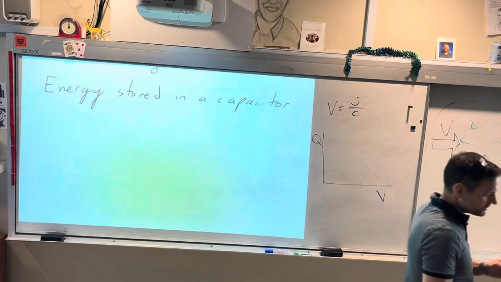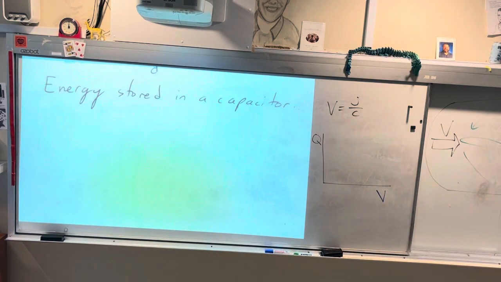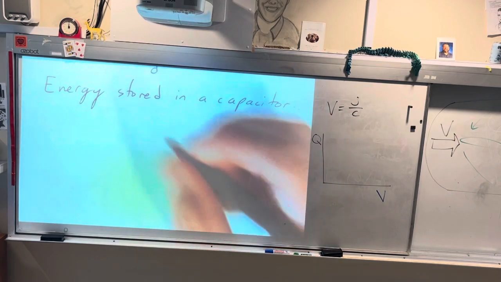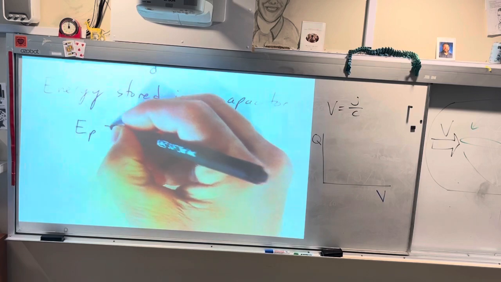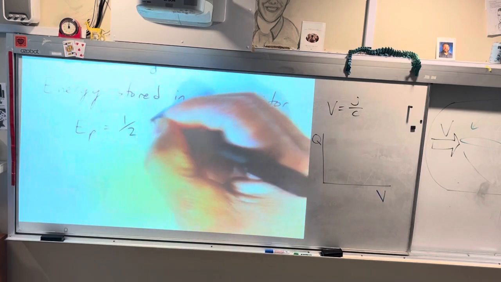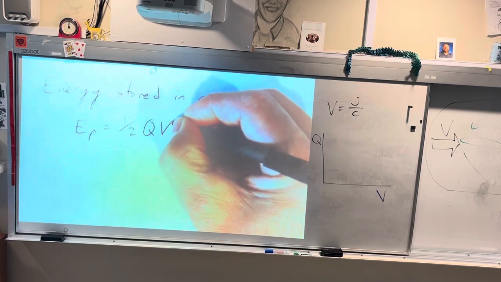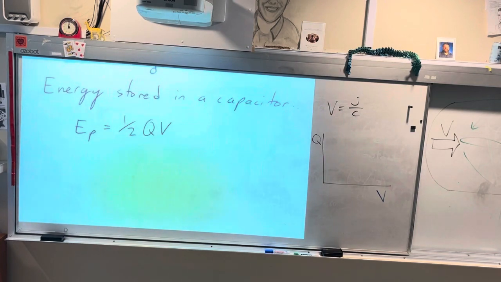Okay. So the average energy stored is half QV. So the potential energy is 1/2 times the charge times the voltage.